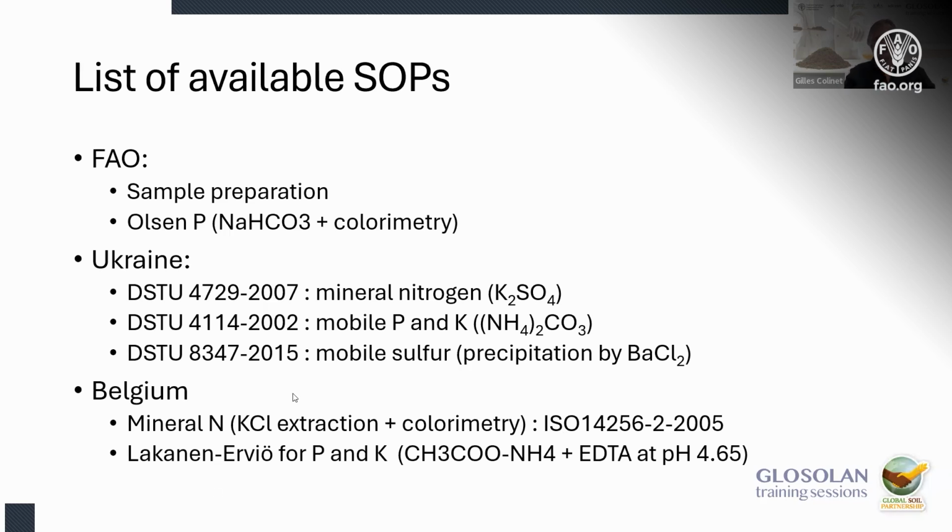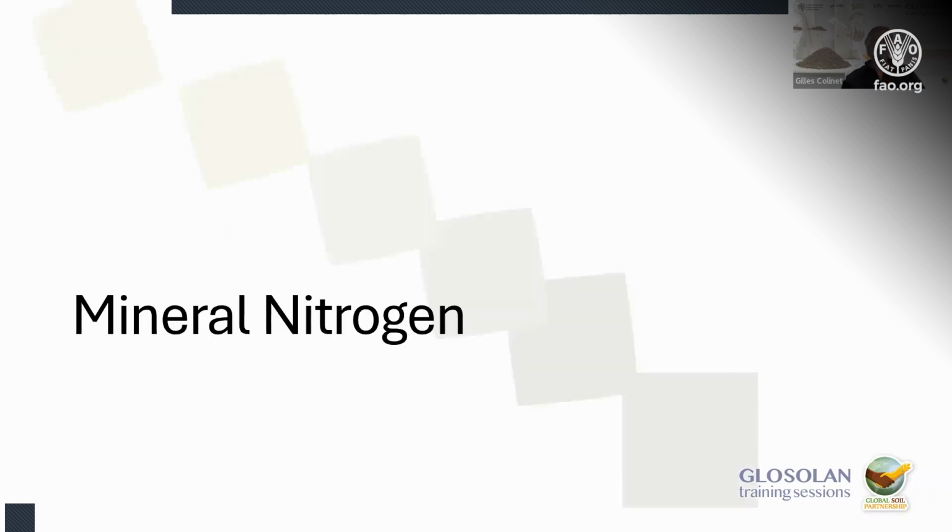We are making some experiments with ammonium acetate, but in this case we followed the SOP from Ukraine and just changed the measurement. So the extraction was from the Ukrainian method, and the measurement was from our equipment. So we will begin with the mineral nitrogen.